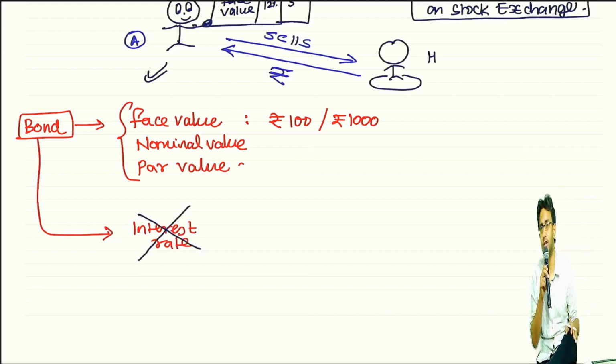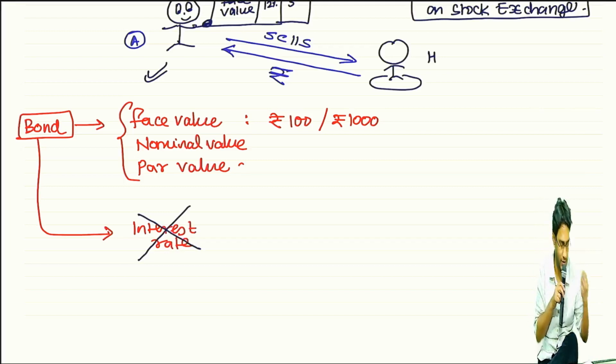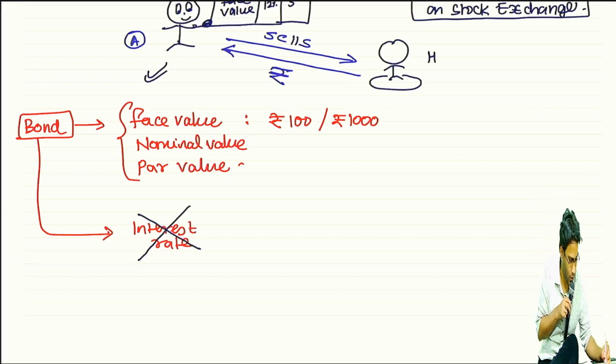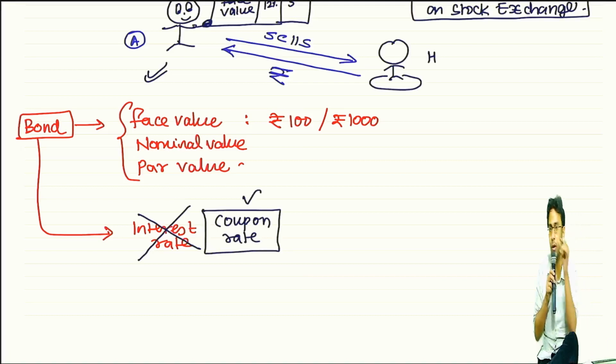Be very cautious not to use the term interest rate in relation to bonds. It is an interest rate, but you don't call it that. You will rather call it the coupon rate. That is the right word. Whatever interest rate the debenture or bond pays is called the coupon rate.